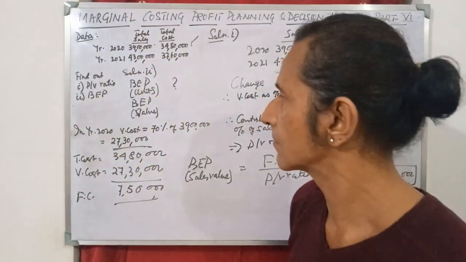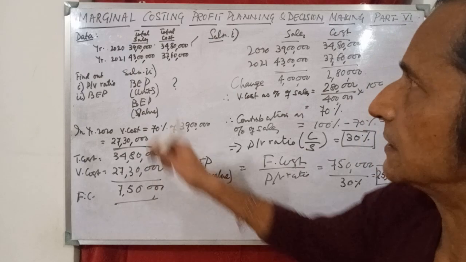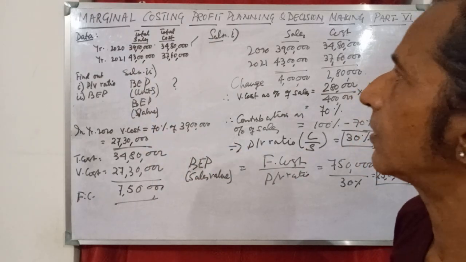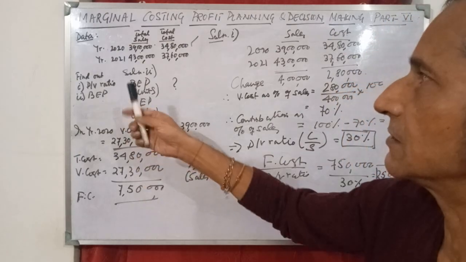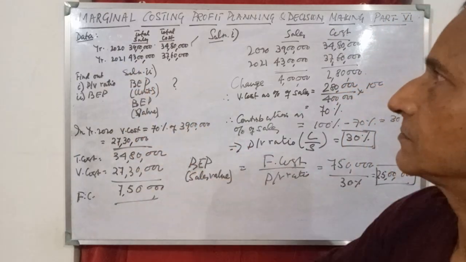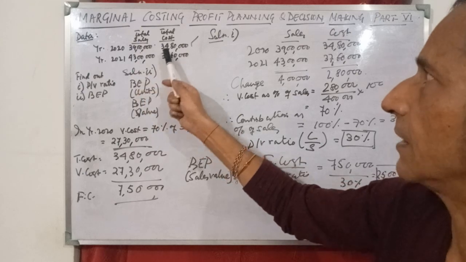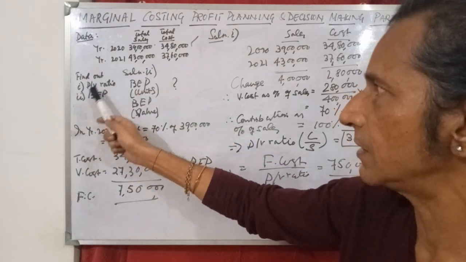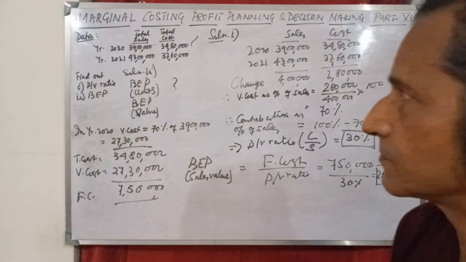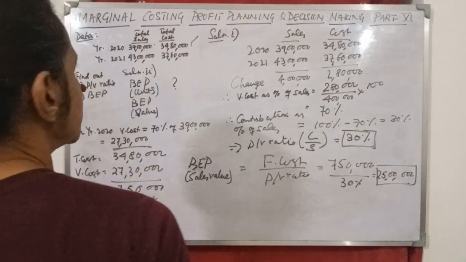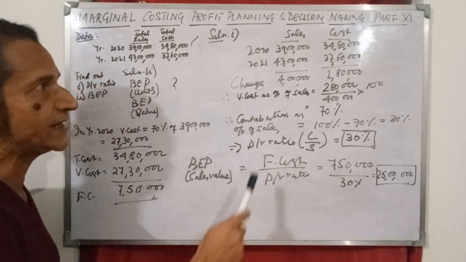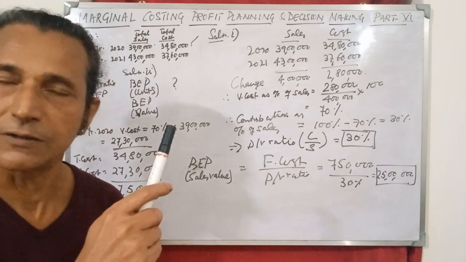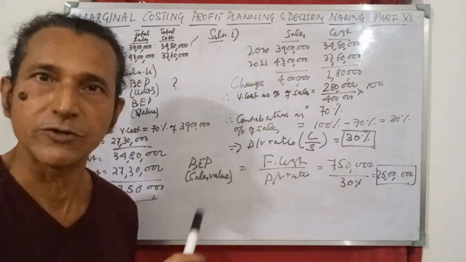Correct? Data for 2 years are given. Data of a firm for 2 consecutive years, 2020 and 2021. This is sales figures and total cost figures. We have to find out the break-even PV ratio in number 1, and in number 2 we have to find out the break-even point. First we have calculated the change that has taken place in 2021 relative to 2020.